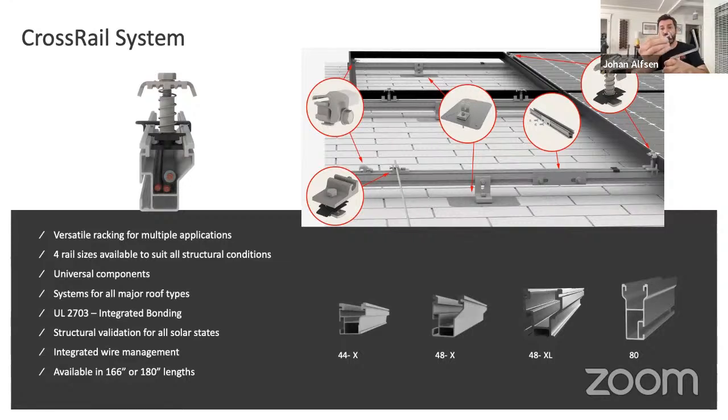So our T-bolt is included with this, and it goes right through that slot set. So you could turn that. I know that might seem trivial, but there's other racking systems that have different size T-bolts and they don't fit inside there. Ours does fit. It allows you to put it in very easily, and it works with our cross-rail system. And we have the 44X as our most popular, and then there's the 48X, 48XL, and 80, which is more for our ground mount system.